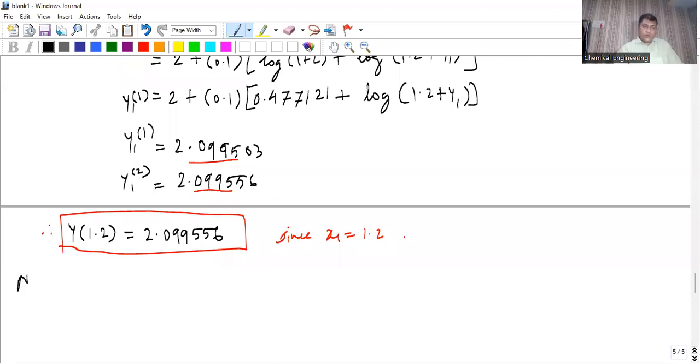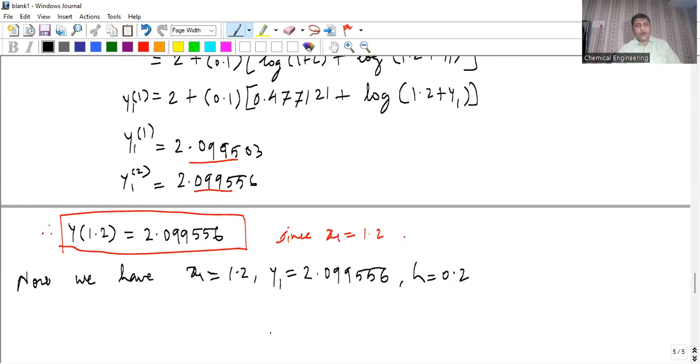Okay, so we want at 1.4 also. So now we have x1 is equal to 1.2, y1 is equal to 2.099556, and h is equal to 0.2.